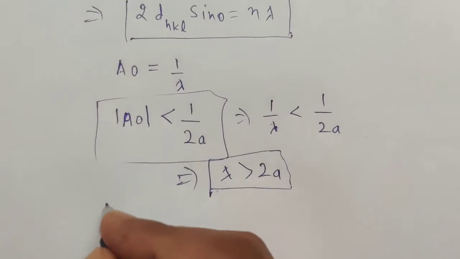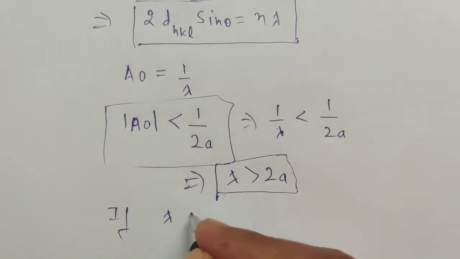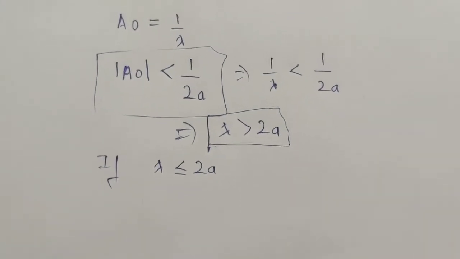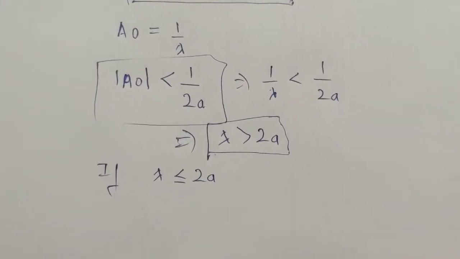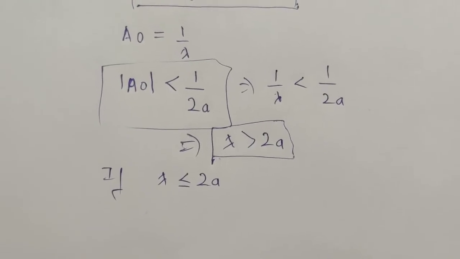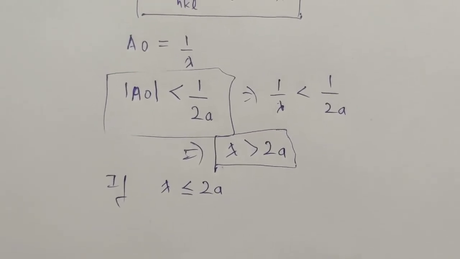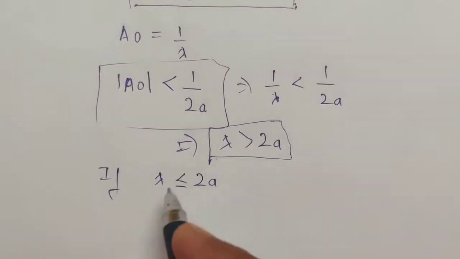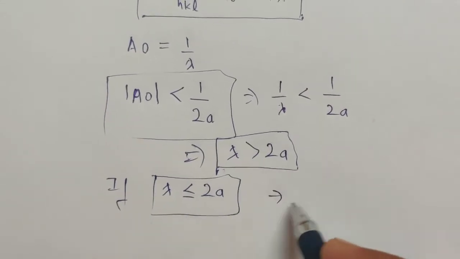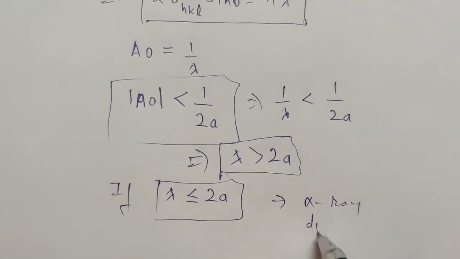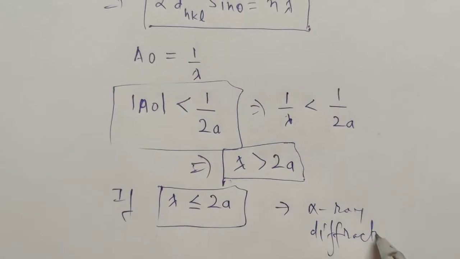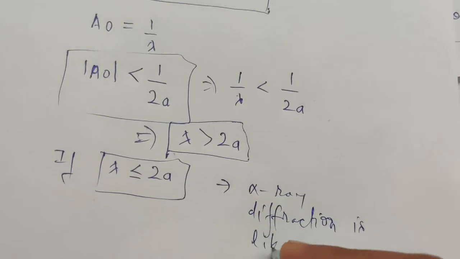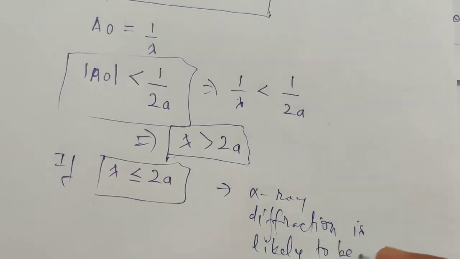If your lambda is less than or equal to 2a, there is a greater possibility of the circle intersecting the points of your reciprocal lattice. For this case X-ray diffraction is likely to happen.